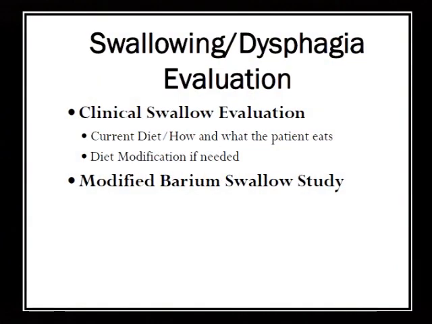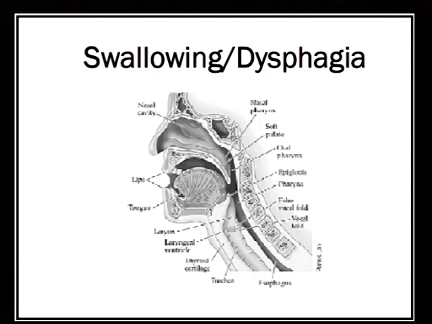So we're going to talk about the modified barium swallow study. I'm going to show you a picture here. This is what goes on when you swallow. A modified barium swallow study is usually done in a radiology suite. It's short, 15 to 30 minutes. The patient sits up in a chair with the arm around so they can take a recording.